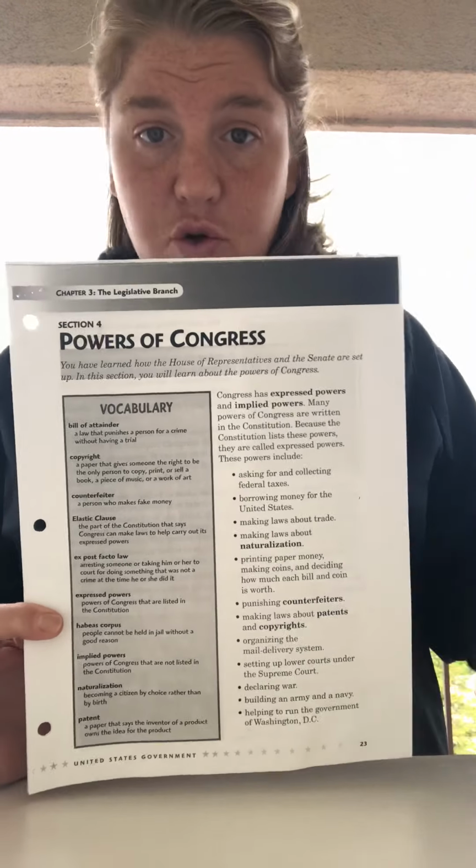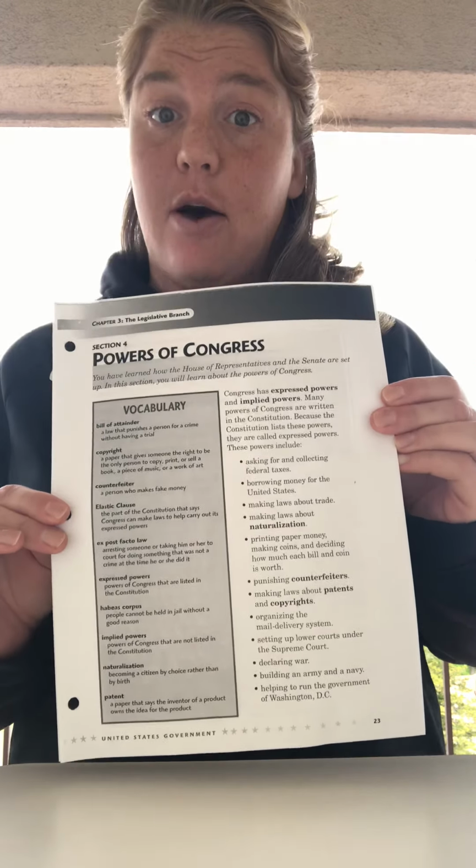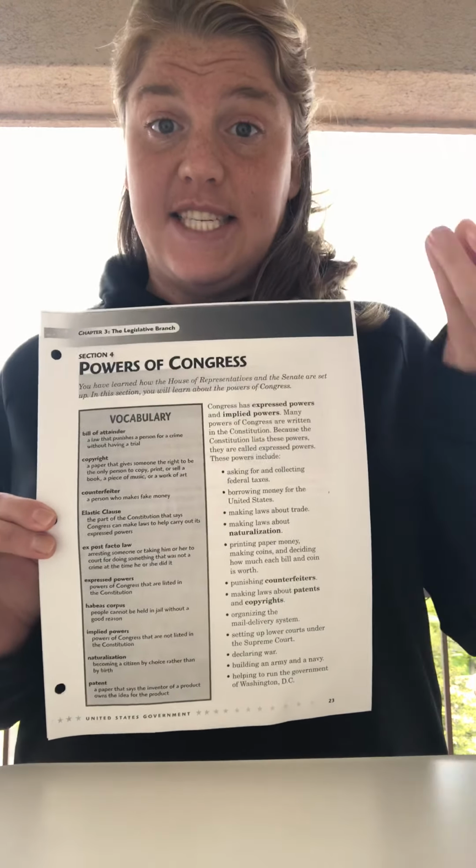So it has two names. And we know that it's made up of the Senate and the House of Representatives. And the Senate is smaller and the House of Representatives is bigger because we have them based on population in the census.